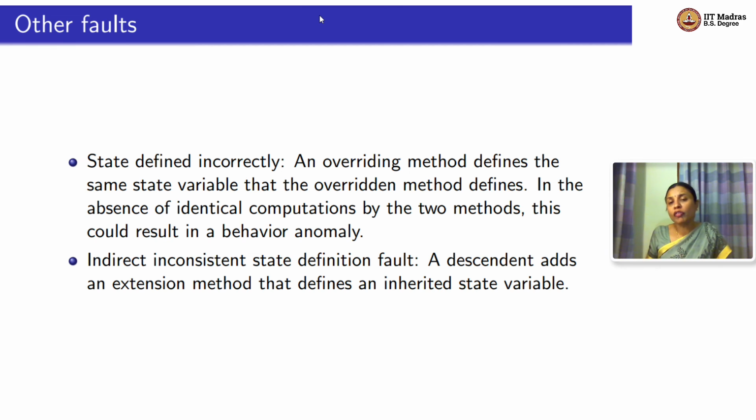And if they have different code, don't compute the same thing, then this could result in a state being defined incorrectly. Then the next is state can be defined, but it becomes an inconsistent definition when a descendant class adds an extended method that defines an inherited state variable.